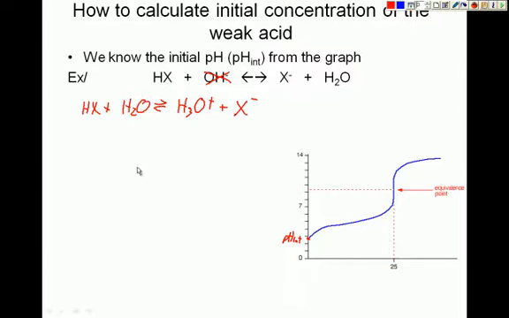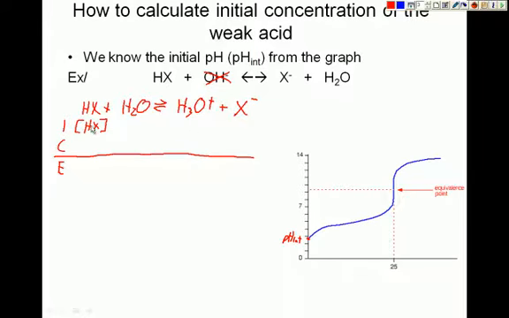So before any base is added, we want to find out the concentration of this. I'm going to make a quick little ICE table, and we want to know the concentration of HX before it ionizes and becomes H3O plus.